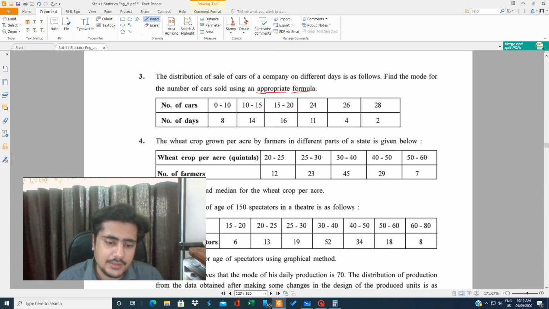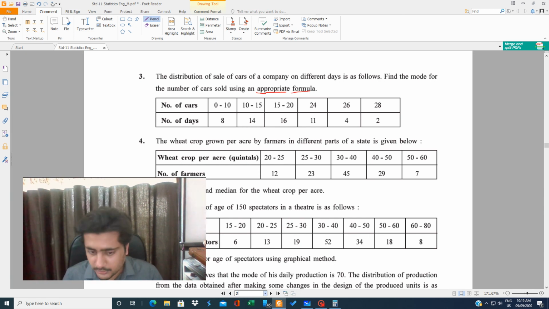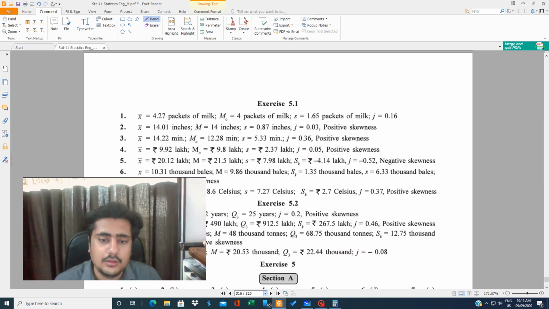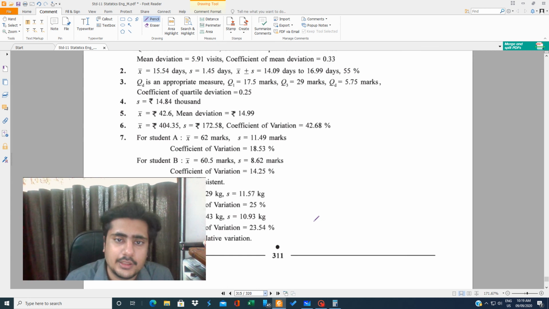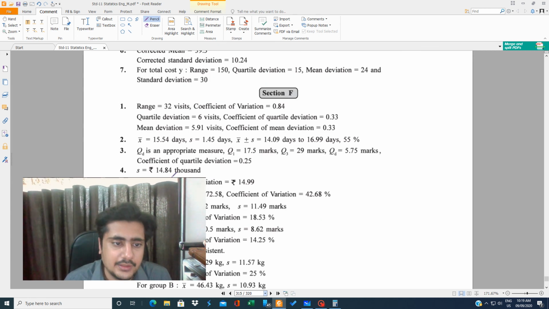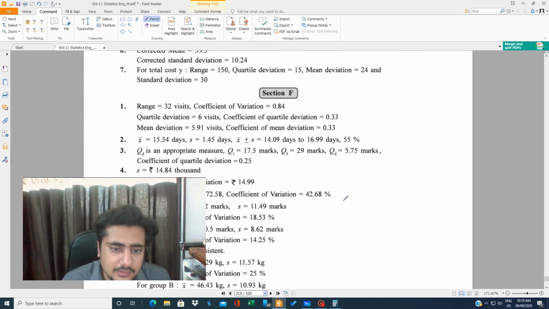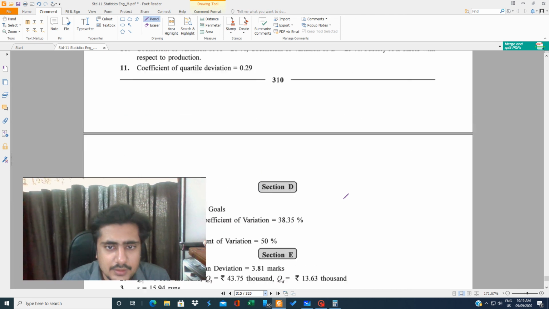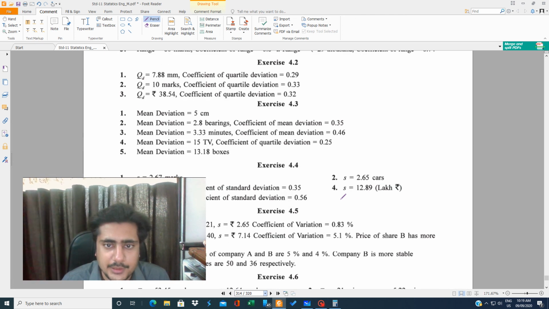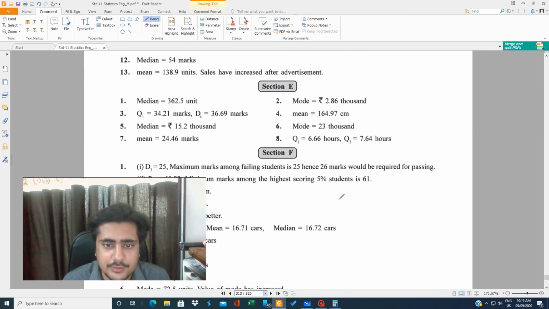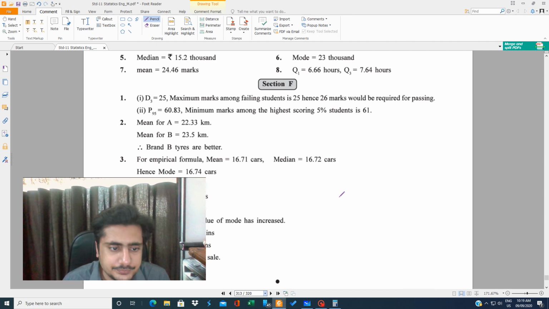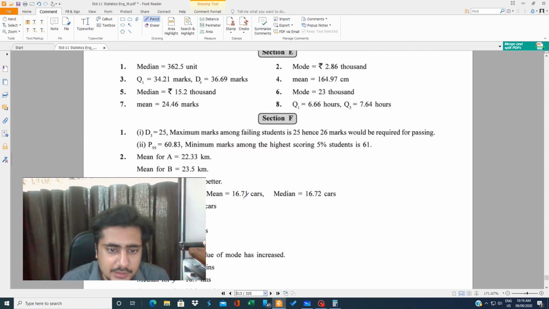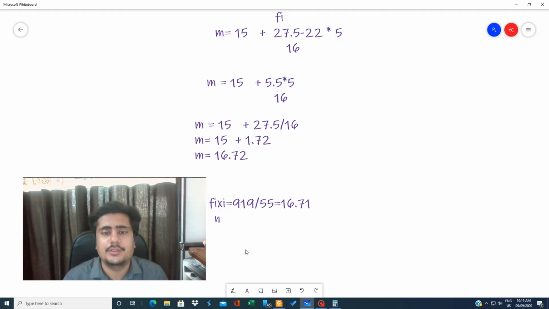Let us check the answer. Is it right or not? Obviously, the mode is yet to be found. We are just checking the mean and median. So mean is 16.71 and median is 16.72, so we are on the right track.